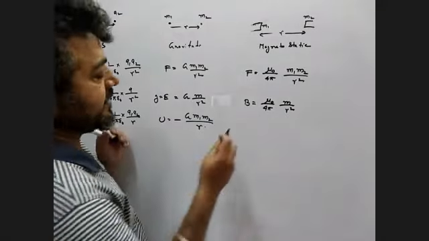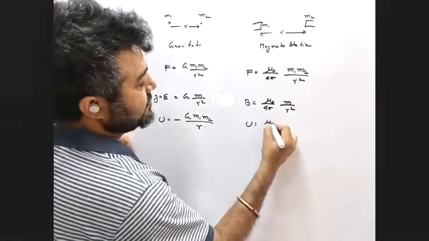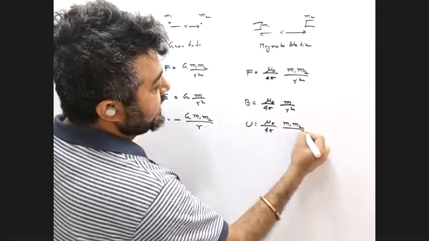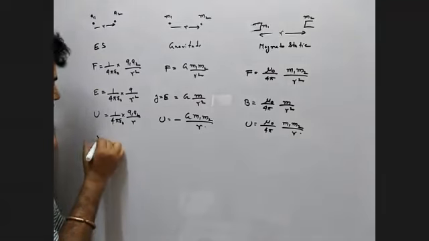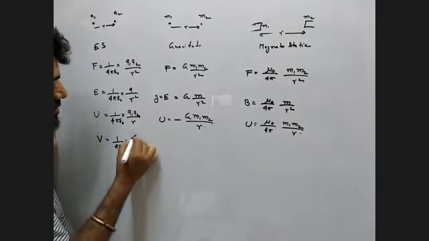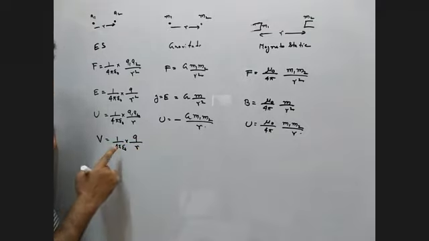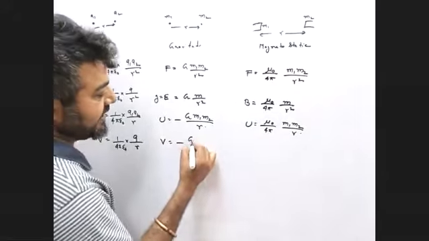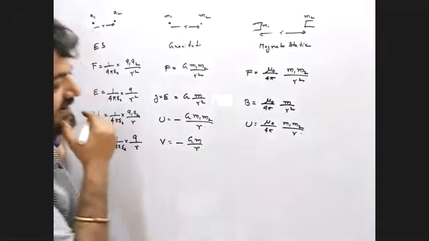And here again it is mu naught by 4 pi m1 m2 by r, and potential 1 by 4 pi epsilon naught q by r, a scalar quantity. Potential, gravitational potential, is minus GM by r.